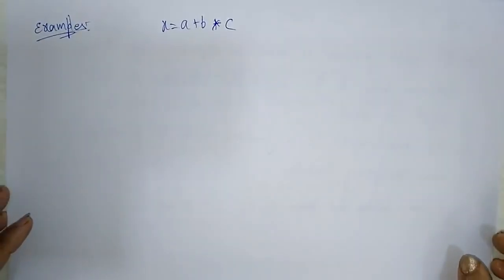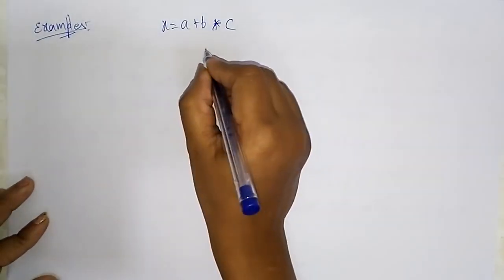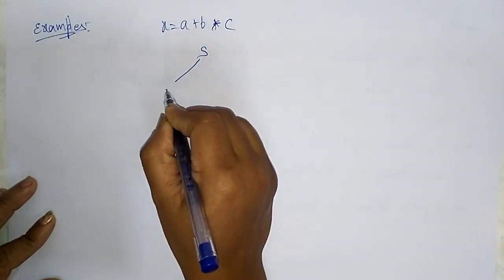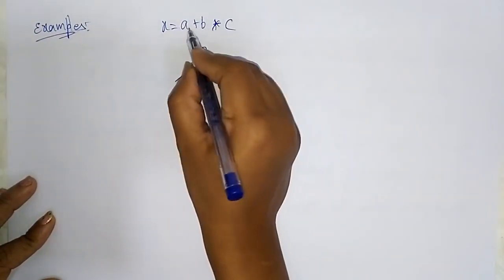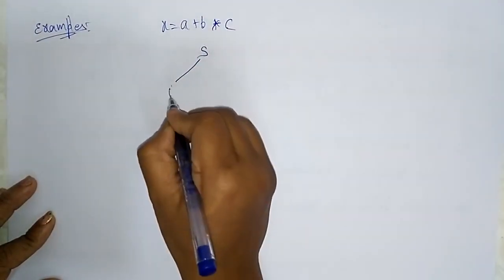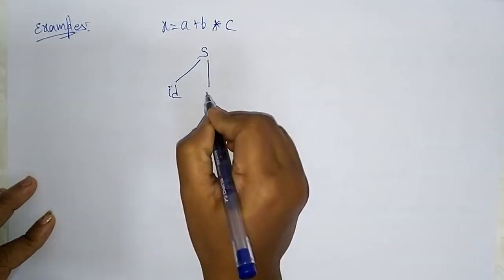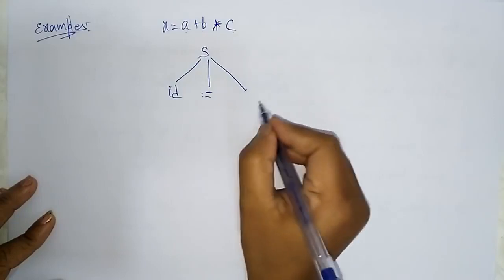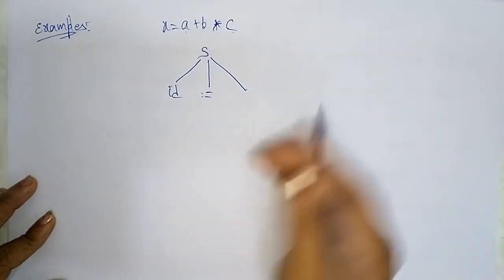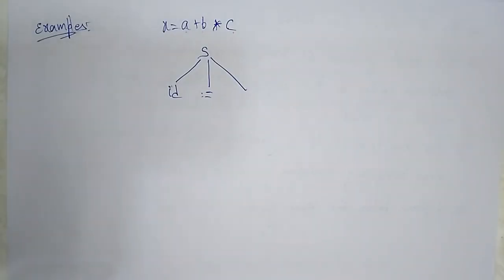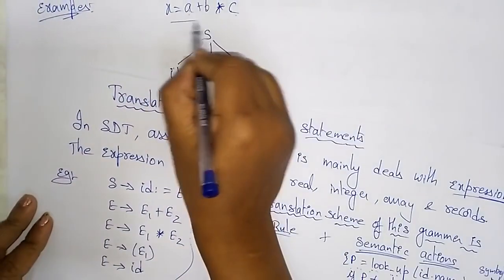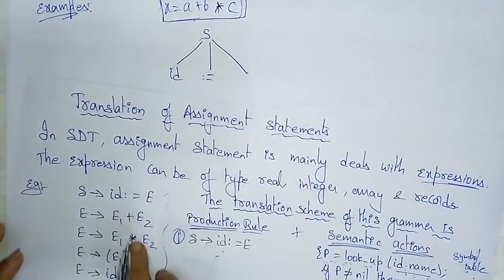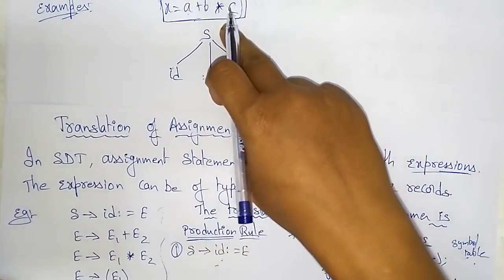This is the expression I have taken, where these are all IDs. We have to produce this expression, and with the help of these productions you have to get this output.